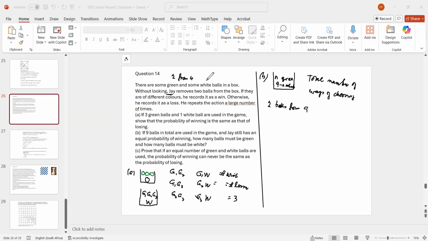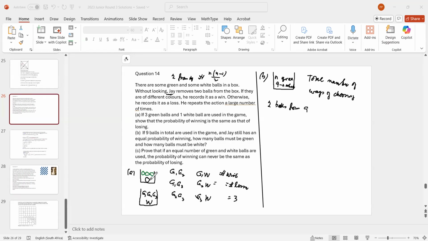Now, there's a formula for this. In general, if you want to pick 2 objects from n objects, then the number of ways of doing it is n into n minus 1 over 2. And this is an important fact which all Olympiad students should know. The number of ways of selecting 2 objects from n objects is n into n minus 1 over 2.